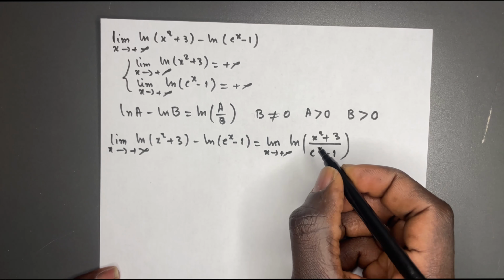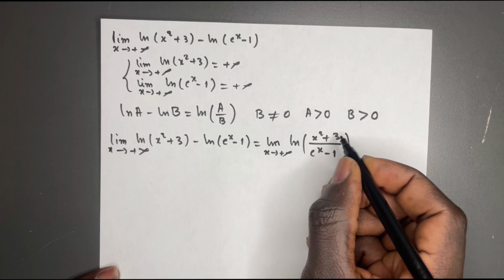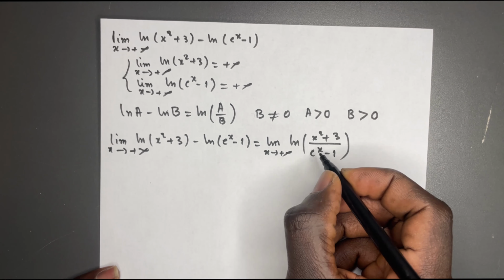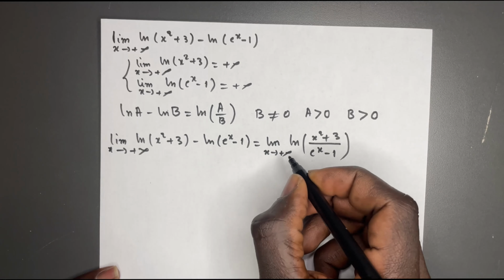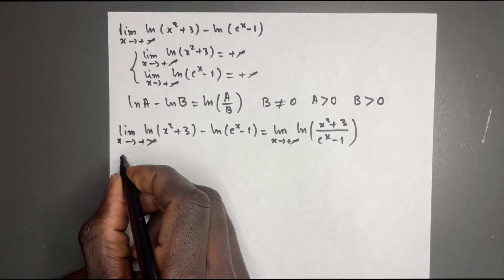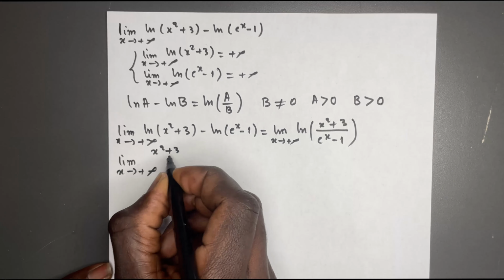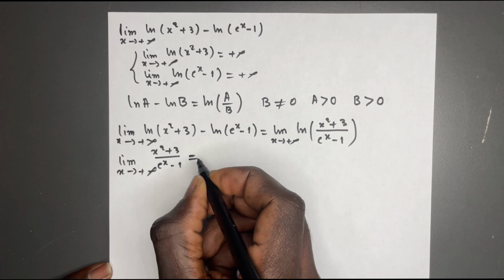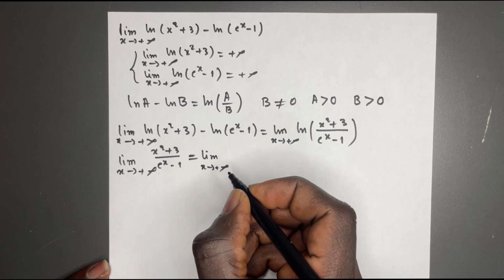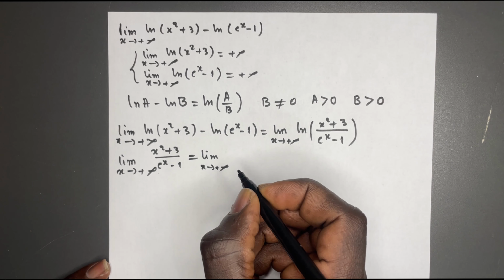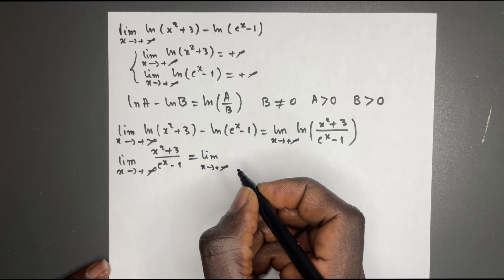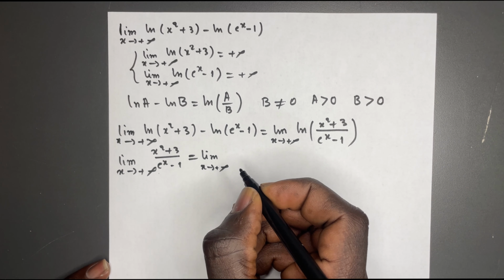I mean this expression, x squared plus 3 divided by e to the x minus 1, as x approaches infinity. Here we're gonna do a small transformation. We're gonna divide the numerator and the denominator both by x squared.